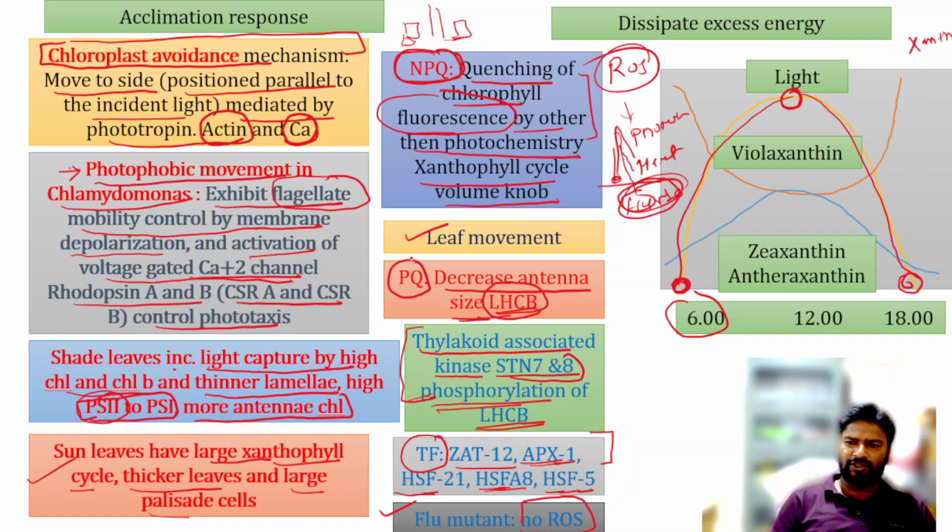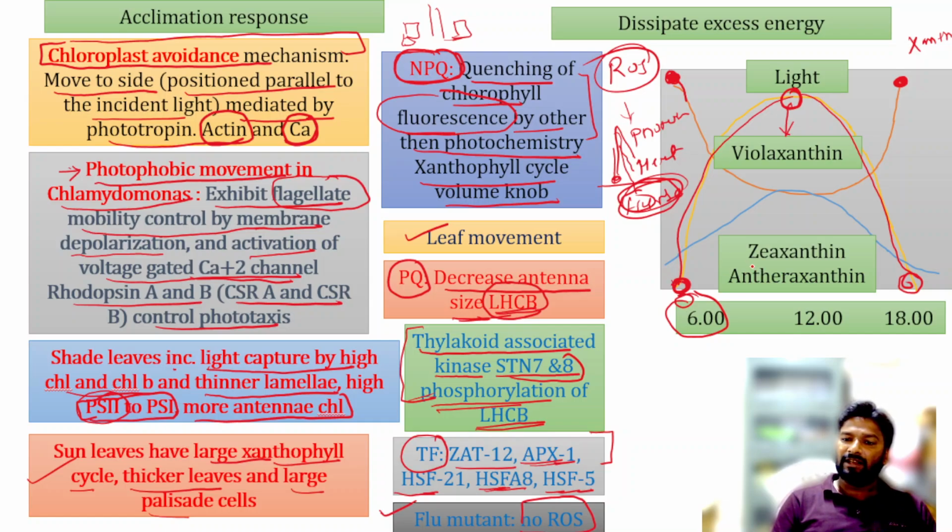This is a common feature, and this molecule is known as violaxanthin. When there is low light, the concentration of violaxanthin is highest, but when there is high light, there is low violaxanthin.